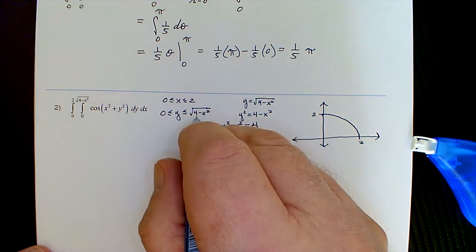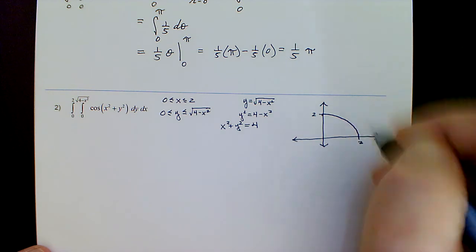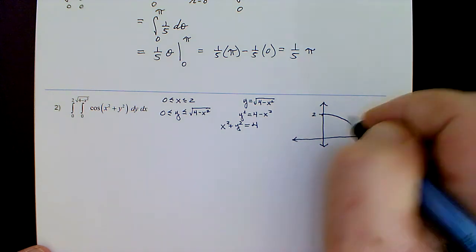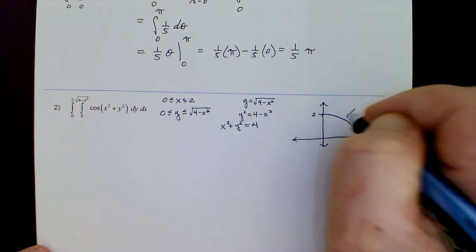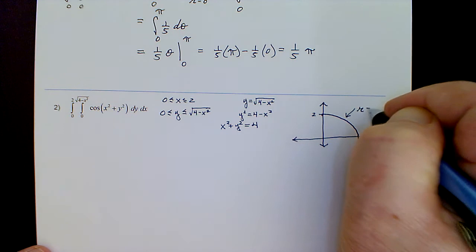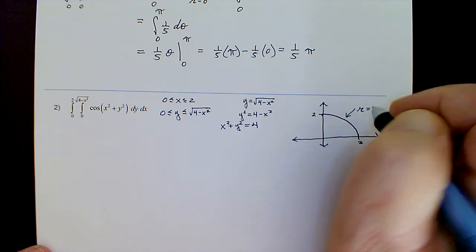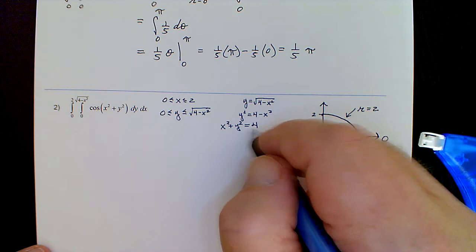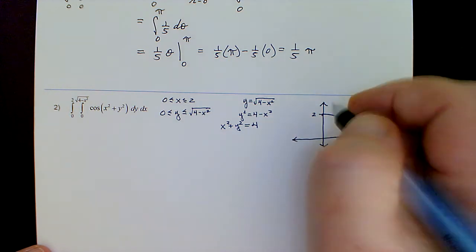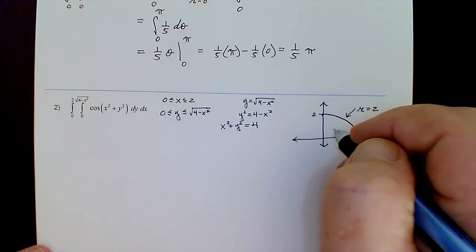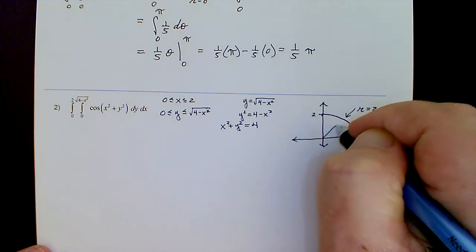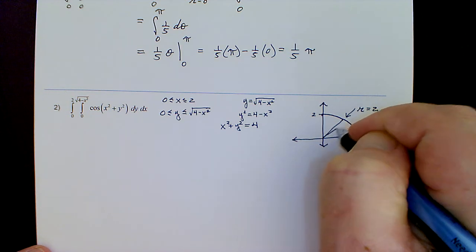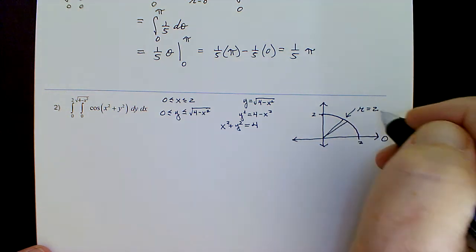And our y is ranging from 0 to the graph, which now is r is 2, because r squared would be 4. So r is, therefore, 2. And we want, again, this little sweep of an angle.